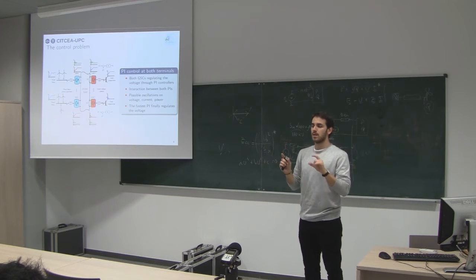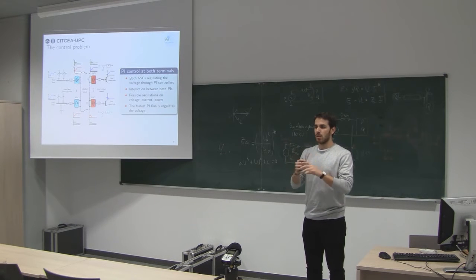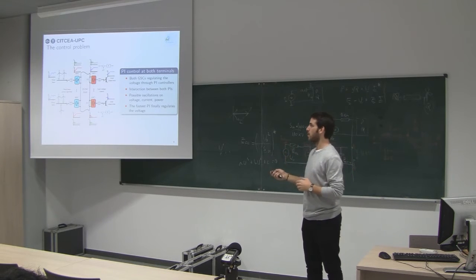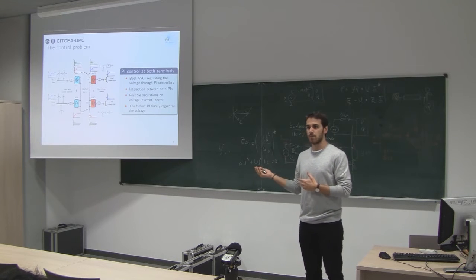So imagine that both controllers are regulating exactly the same magnitude. One should be faster or slower, depending. You could have different vendors here. One could be the ABB one, another one a Siemens one.